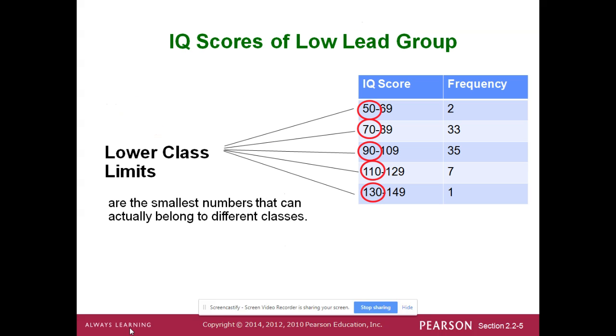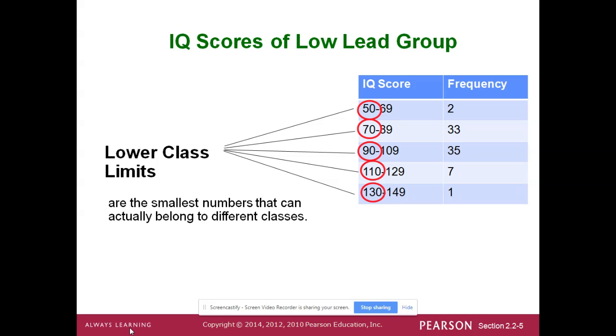Here's an example of some data, some classes. IQ score is the class, and the frequency is listed on the left. There's an example of a frequency table. Inside of that are the lower class limits, highlighted and circled in red. Notice IQ score from 50 to 69, and then the next class starts at the next number, 70.